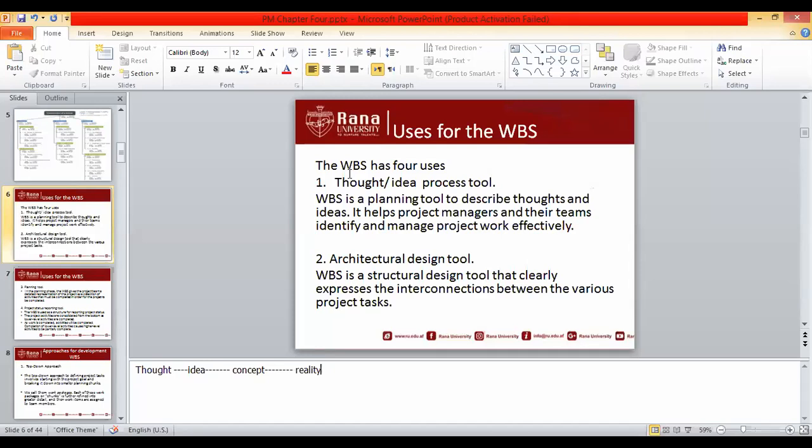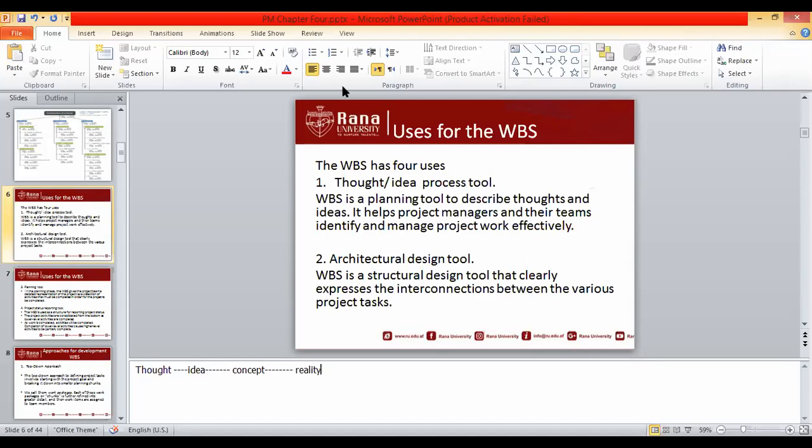So when you have thought and idea, this helps the project manager and the members of the team to identify the project work and how to effectively assign those tasks, so that those could be completed according to specification, within the budget, and within the specified time period.